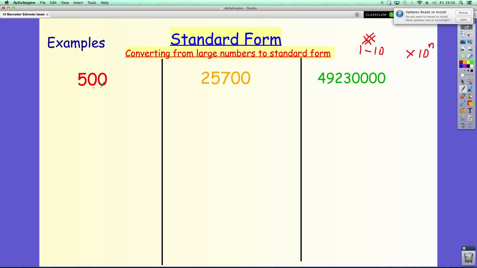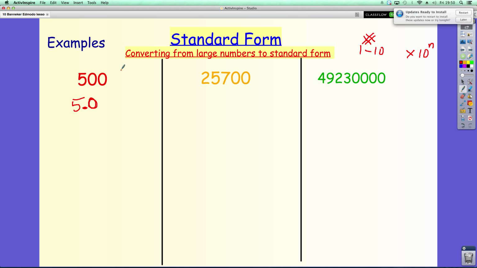In this case, 500. That 500, if I was to place a decimal point there to make it a number between 1 and 10, I could make it 5 by adding a decimal point there. So it becomes 5.0. We'll just keep the 0 just there. We don't need to, but nevertheless, 5.0. And then I need to ask myself, what am I multiplying by 5 to get my original figure?